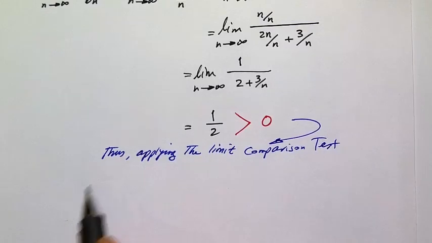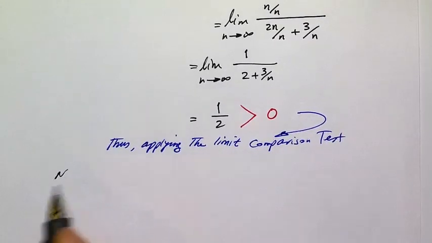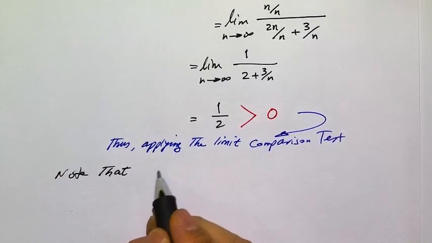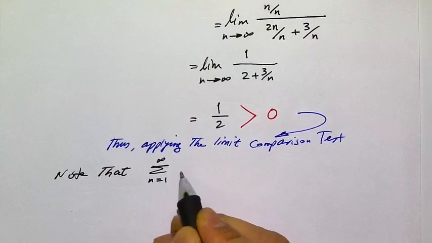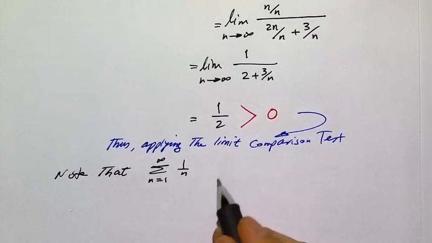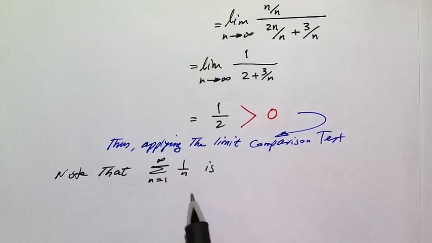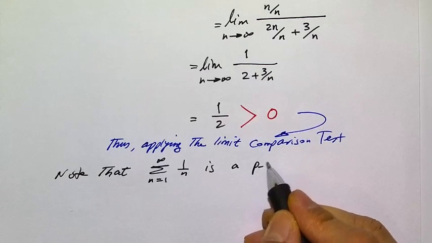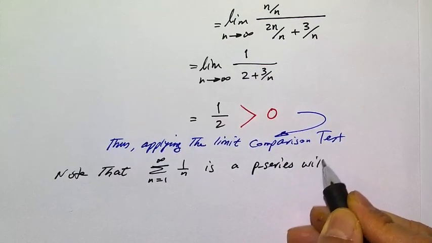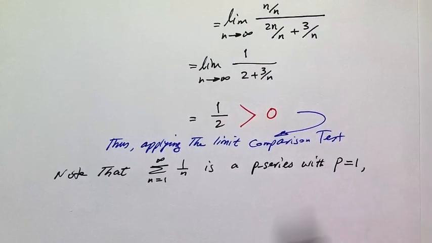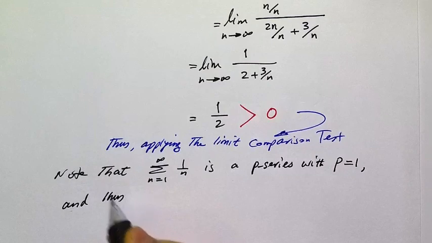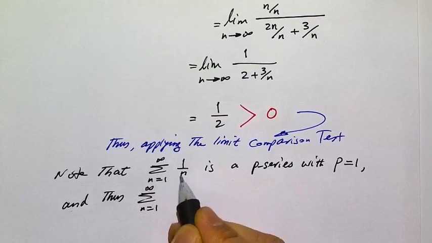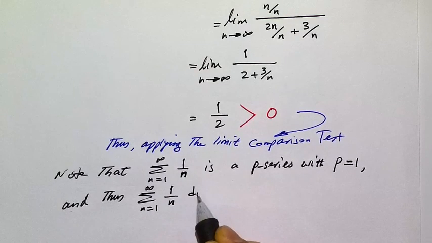Note that this series is a p series with p equal 1, right? Is a p series with p equals 1, and thus diverges.